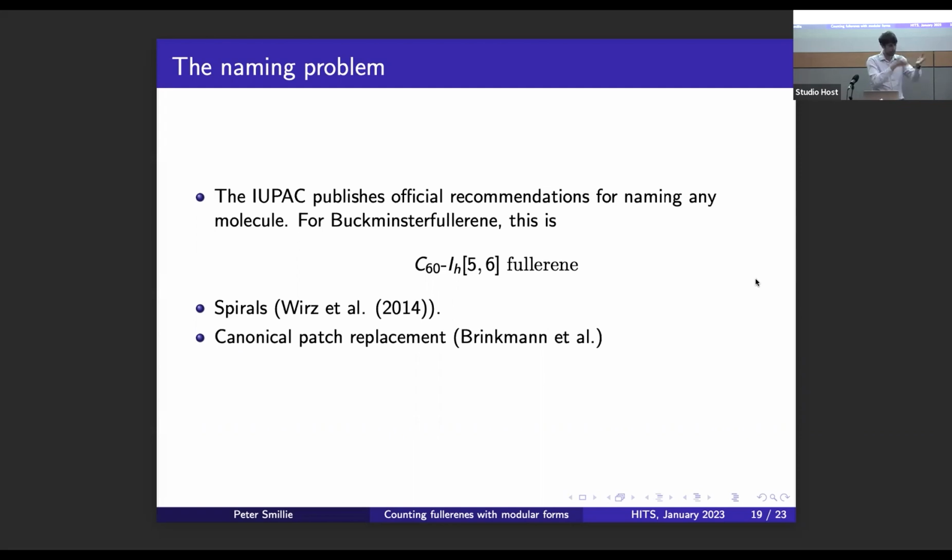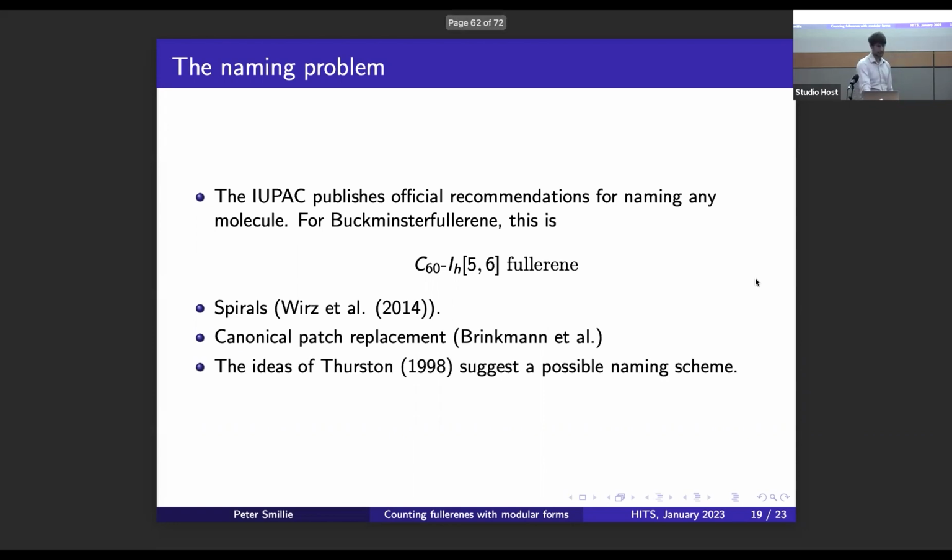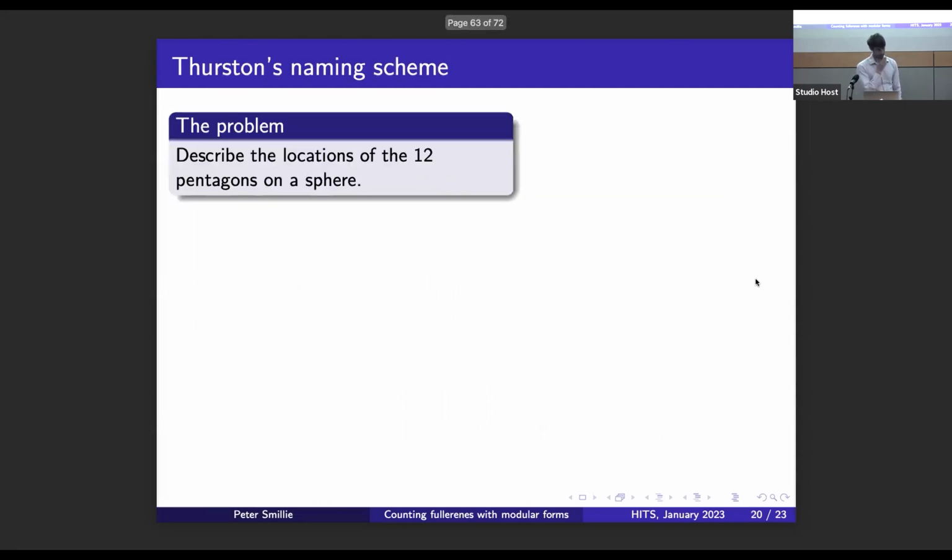And so there's not this kind of continuity of names with physical structure. Patch replacement, I think, is a little better, but I think there's a best way to name them with this property suggested by this paper of Thurston. So I want to try to explain that a little bit.